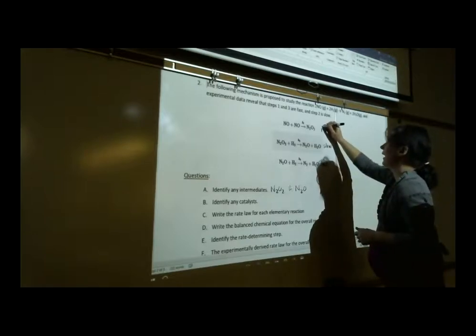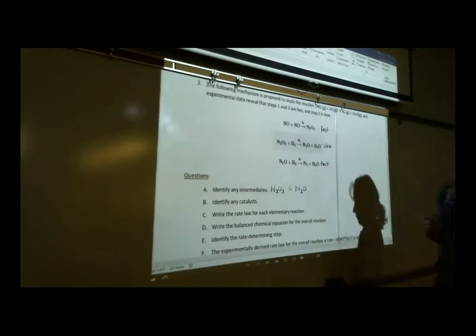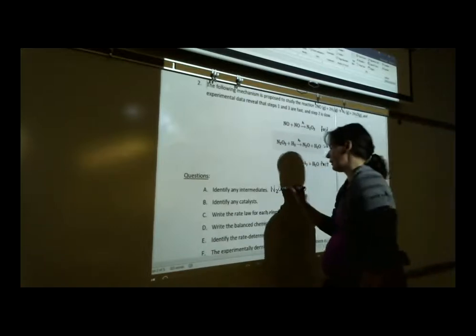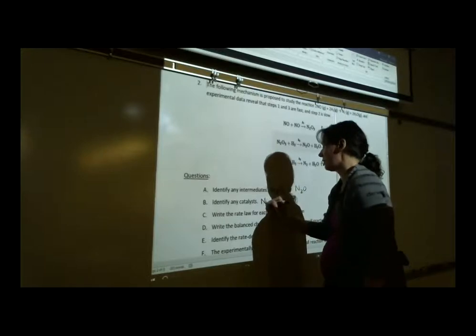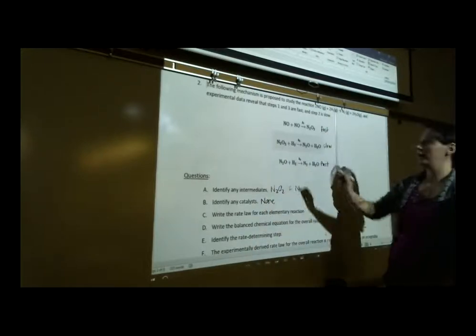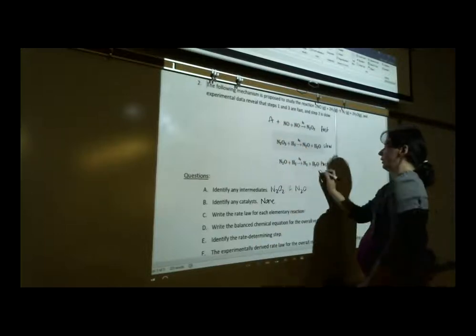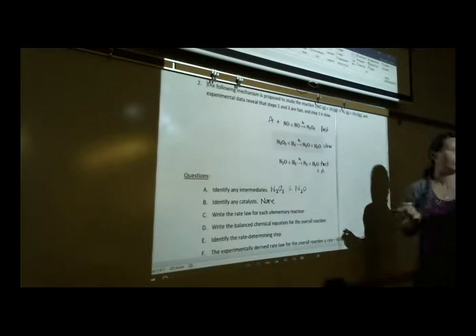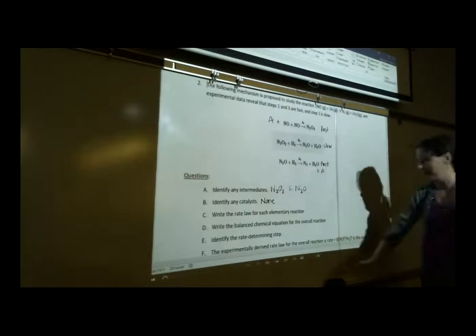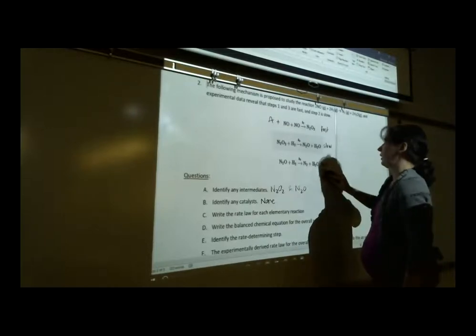Do I have any catalysts? No, we don't have any catalysts. How would I know if I had a catalyst? If I had A on the reactant side, and then over here it's produced as a product, that's where a catalyst would be. But I don't have any catalysts. So no, there are no catalysts in this problem.